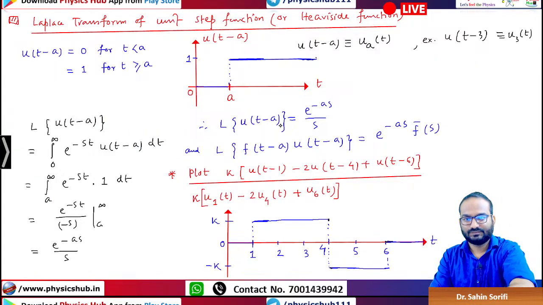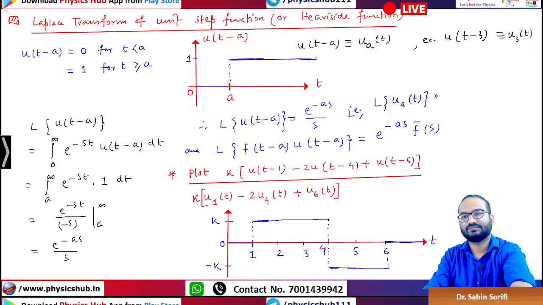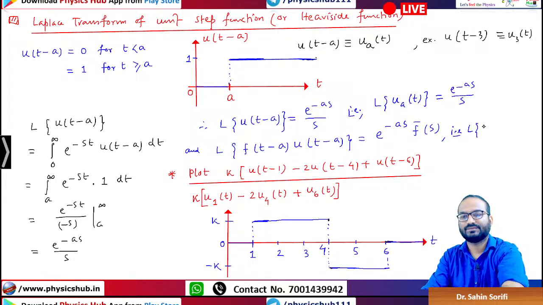अच्छा, so here also you can write Laplace transform of u a of t, same representation. Here also you can write Laplace transform of f of t minus a u a of t equals e to the power minus as f bar s.